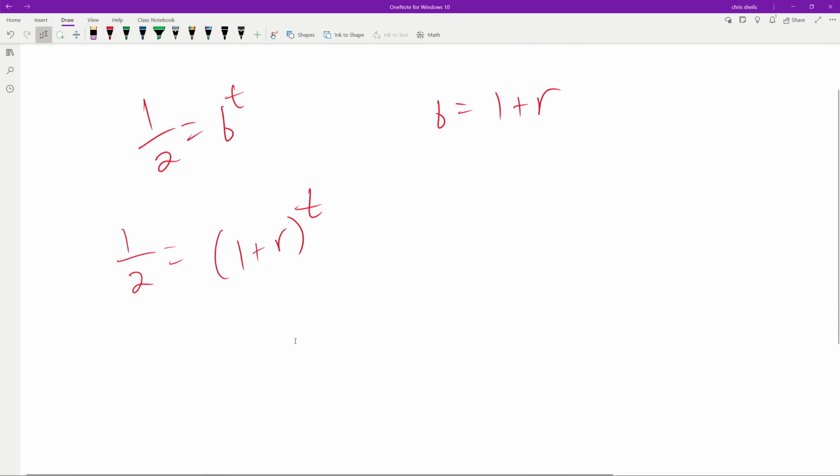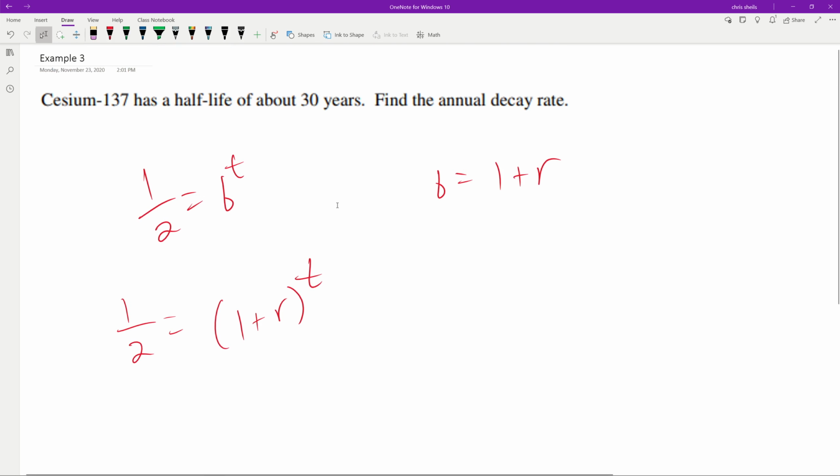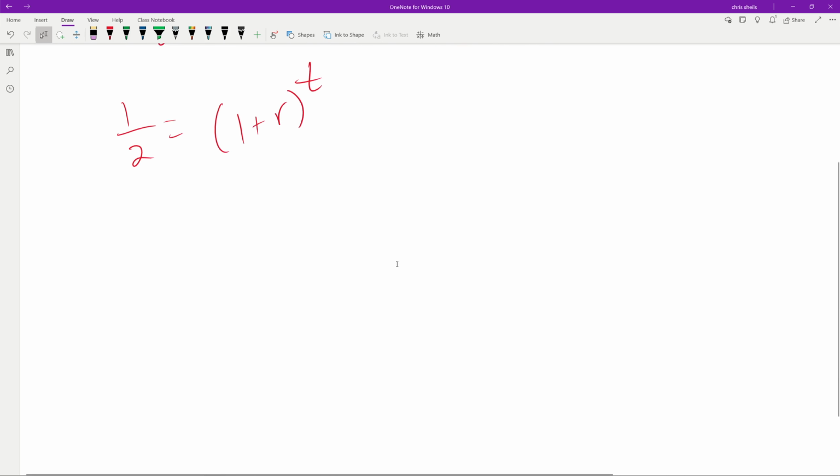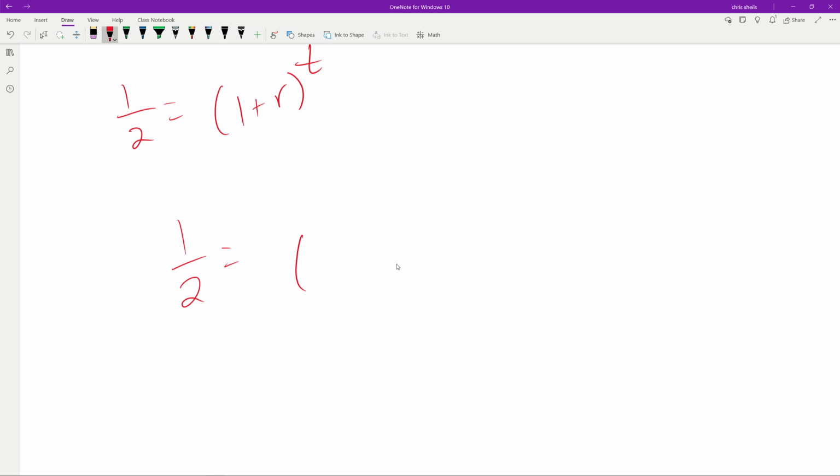And actually, t is 30 in this case, right? Because this has a half-life of 30 years. This means that 1/2 equals 1 plus r to the 30th.